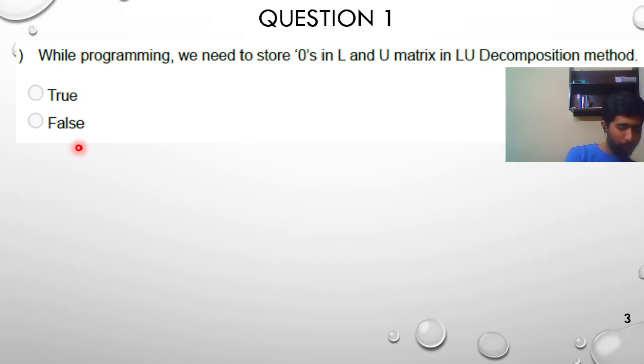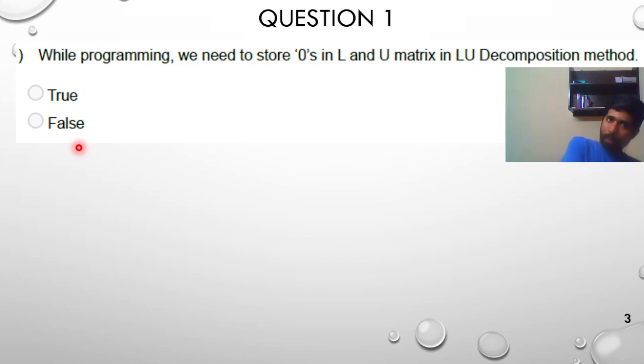You are telling only in L I have to store zeros, in U you need not store zeros. Is that what you are telling? Just let me clarify. The question is while programming. Anyway, you might be right and I might not be getting your point here.